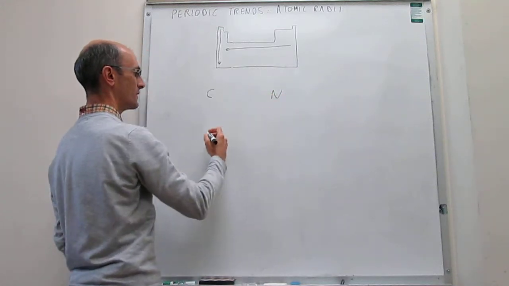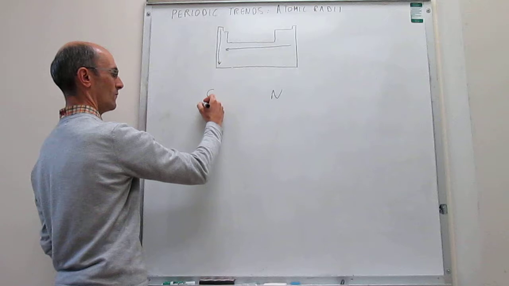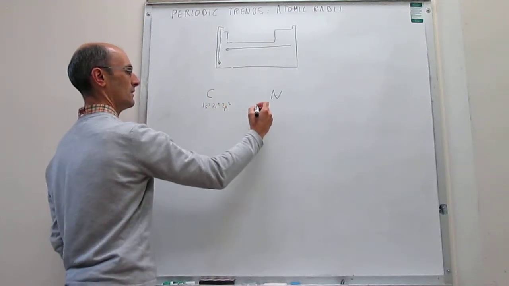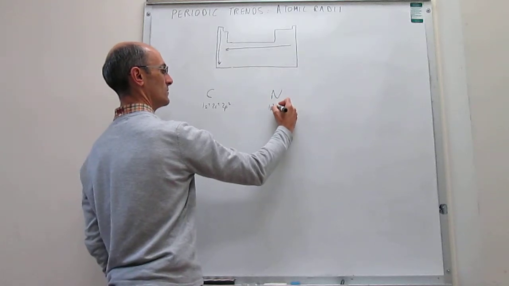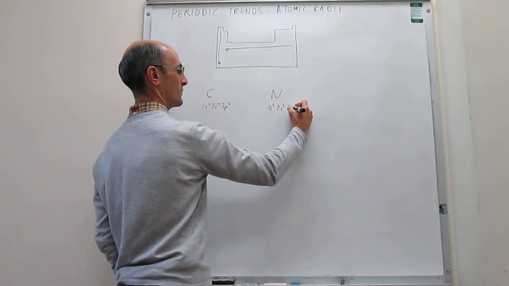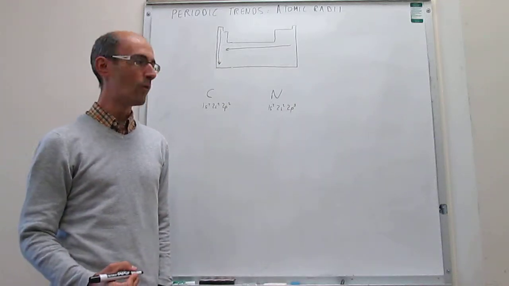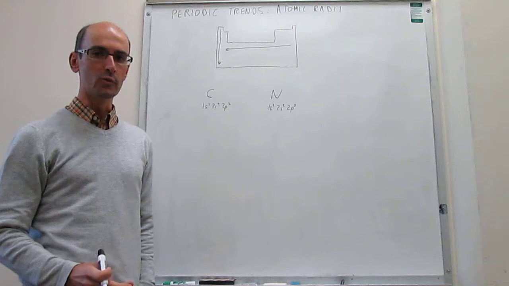The electronic configurations are 1s2, 2s2, 2p2 for carbon, and for nitrogen you will have 1s2, 2s2, 2p3. So the only change in the electronic structure is that you have one more electron in nitrogen than in carbon.